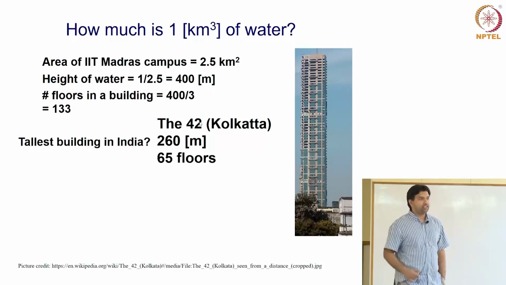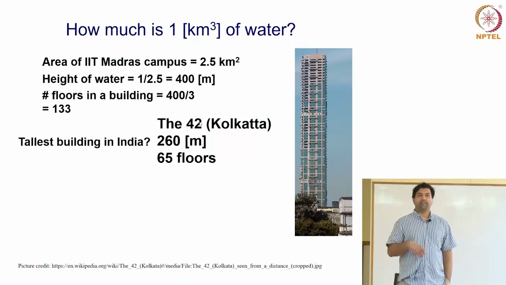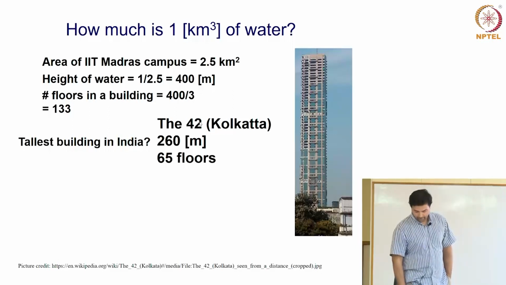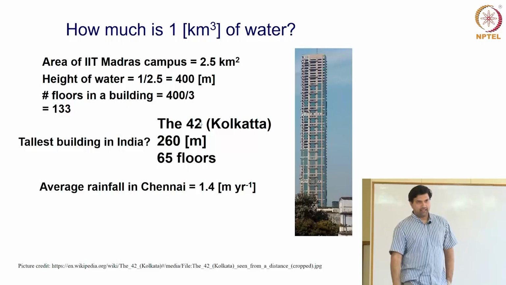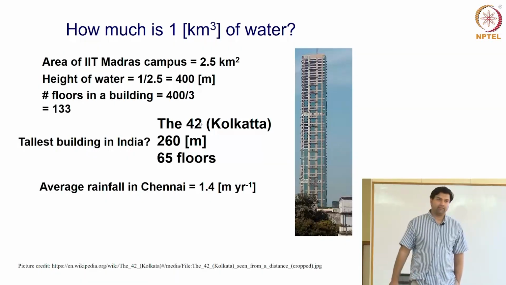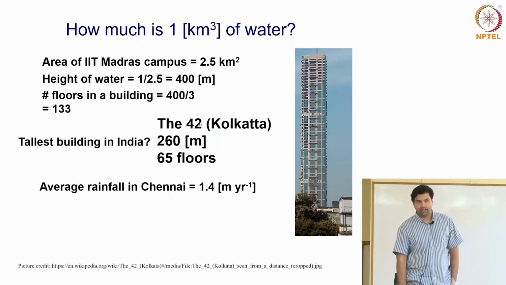So when we throw these numbers around and say 500 cubic kilometers of water per year, it's a large amount of water being moved annually. Let's say the annual average precipitation in Chennai is about 1.4 meters, about 140 centimeters every year around this area. So how many years does it have to rain to get 400 meters of water?